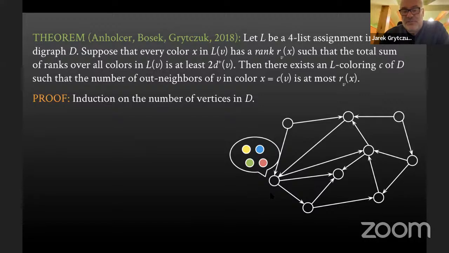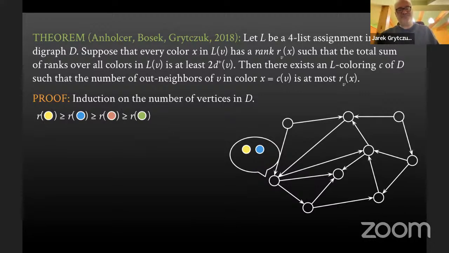So we are choosing some fixed vertex, and in this vertex we have 4 colors with ranks.